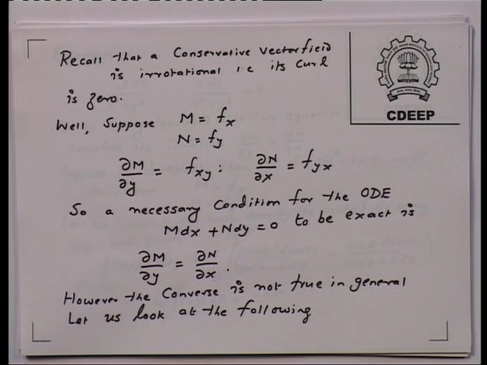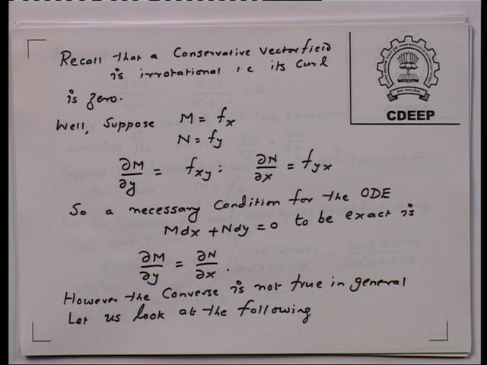So a necessary condition for the differential equation to be exact, or in other words, a necessary condition for the vector field m i plus n j to be conservative, is that del m by del y equal to del n by del x.